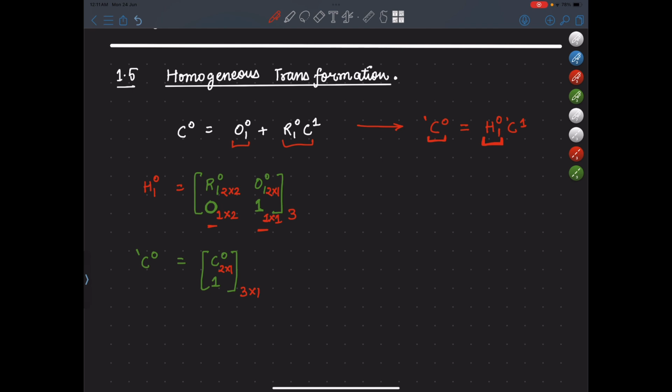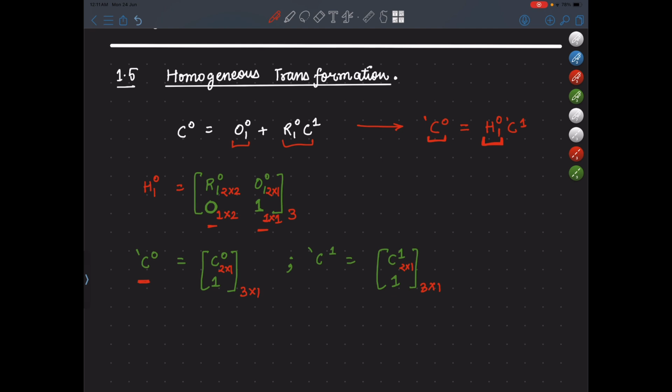This is just a representation in homogeneous coordinates, called the homogeneous coordinates of C naught. Similarly, C1 prime can be given as C1 and 1. We know that this is 2 cross 1 and this is 1 cross 1, and overall this will be 3 cross 1.